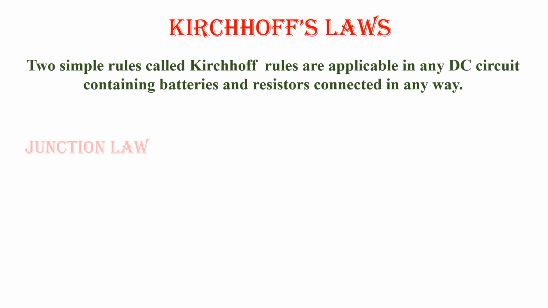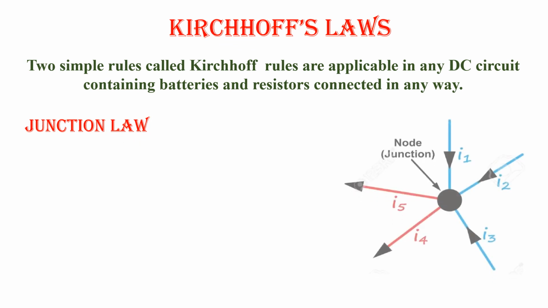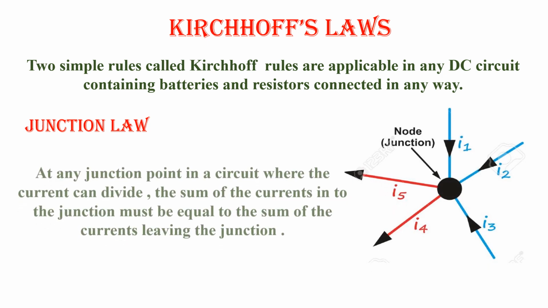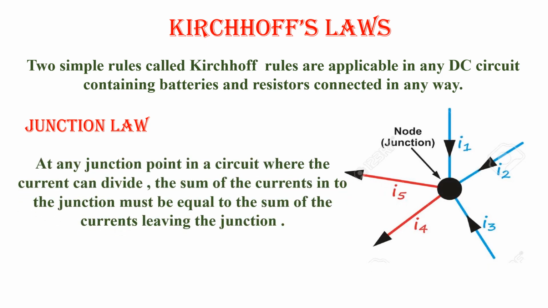Now the first one is junction law. It has two laws, and this first one is junction law. Here, if you see, this is the junction. At any junction point in a circuit where the current can divide, the sum of the currents into the junction must be equal to the sum of the currents leaving the junction.